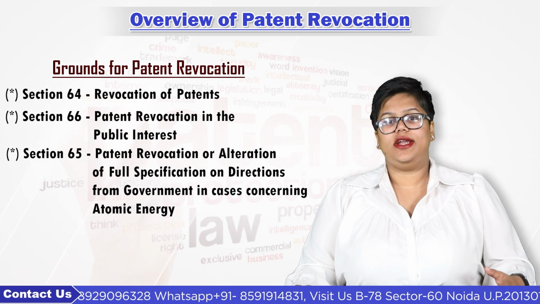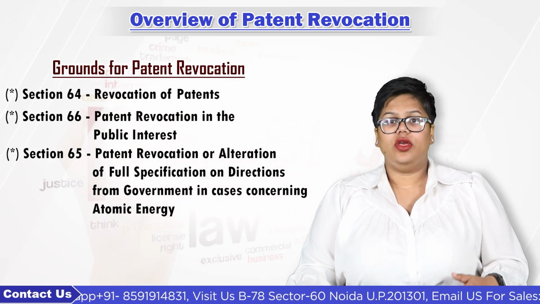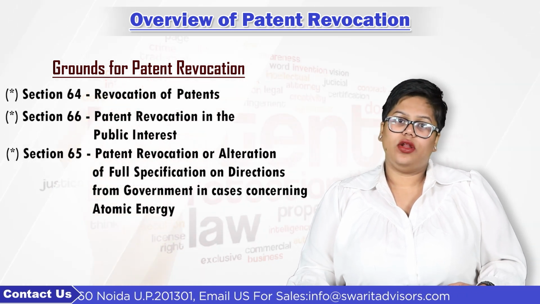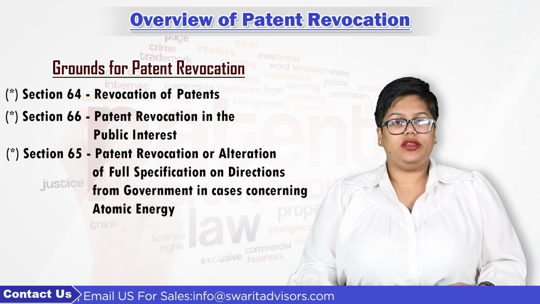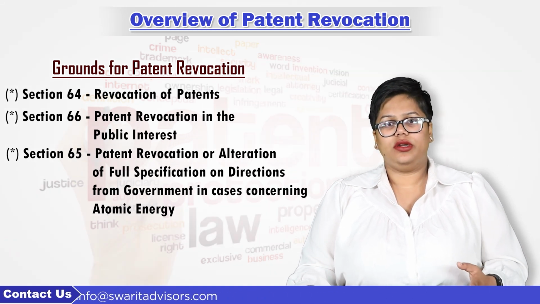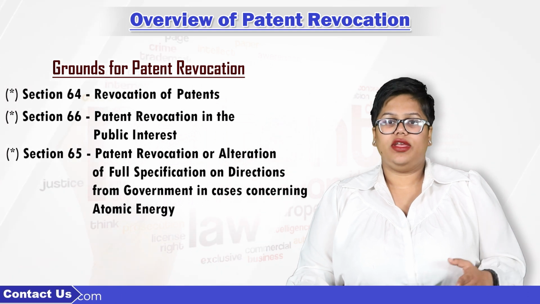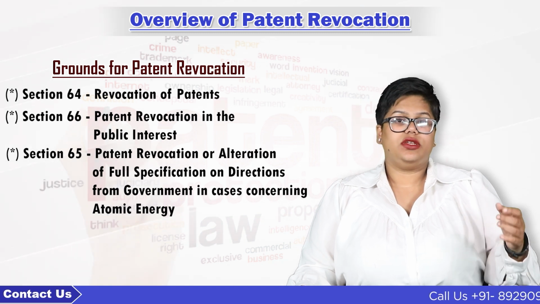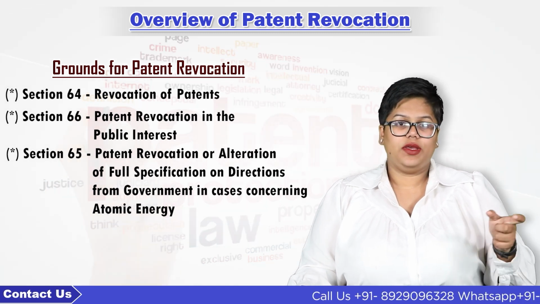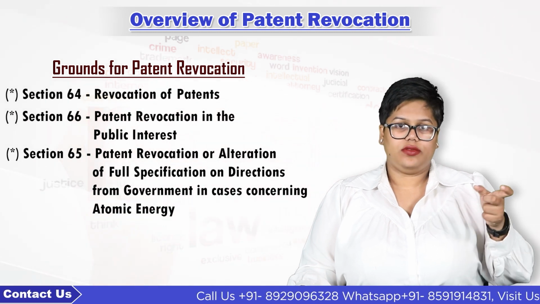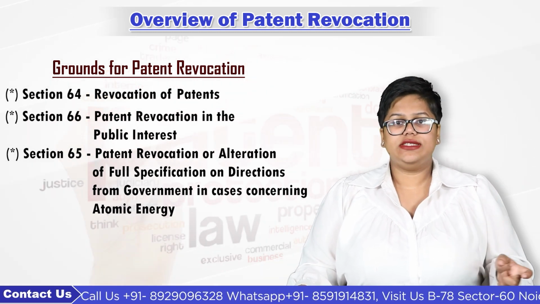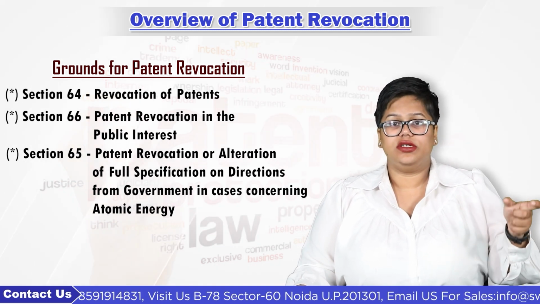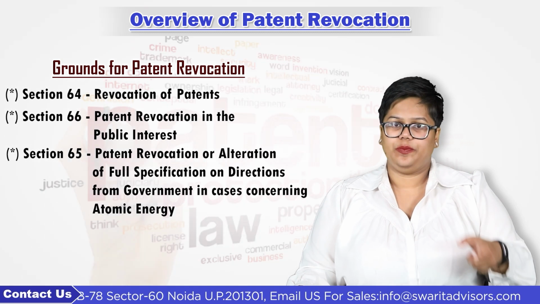Section 65 of the Patents Act authorizes the central government to ask the appellate board or the controller to cancel the patent of a patent owner and every other individual whose name has been entered or registered as having an interest in the patent, if the patent acquired by them denies subsection 1 of Section 20 of the Atomic Energy Act 1962, 33 of 1962, which states that no patent can be issued if such patent is for an invention concerning atomic energy.